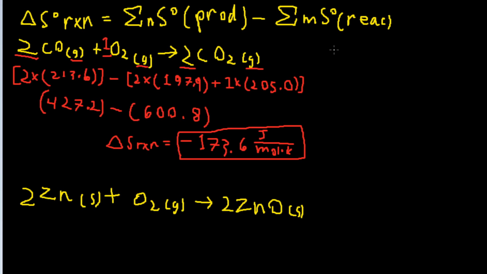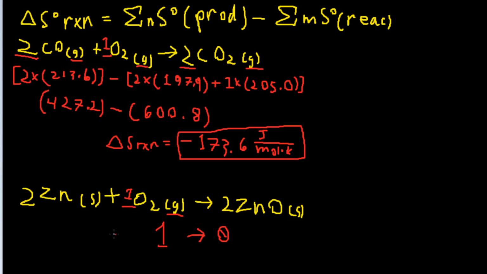Therefore, the change in entropy is negative instead of positive. And I just put this in as well to show this. This one has 1 mole of gas, and then it goes to 0. So this problem would also likely be a decrease in entropy.